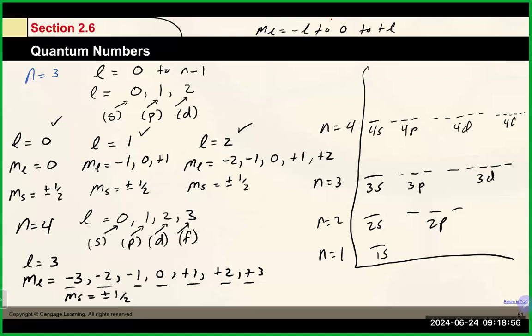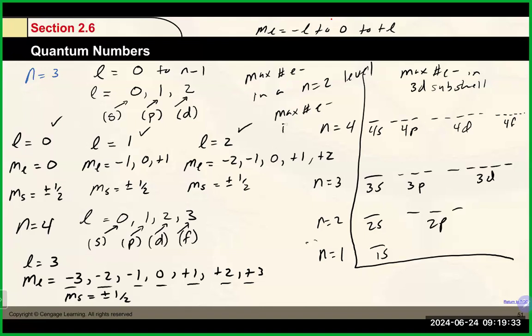So as we also talked about before, when we talk about a level, a subshell, and so forth, if we had a question like the maximum number of electrons in an n equals 2 level or shell, and the maximum number of electrons in a 3d subshell, and maybe the maximum number of electrons in a 4p orbital.